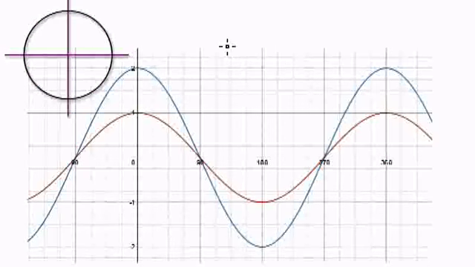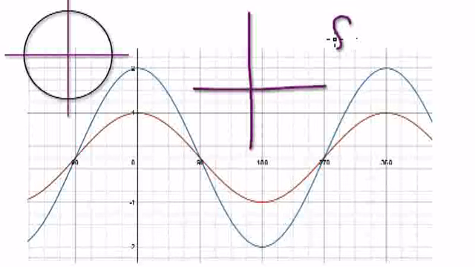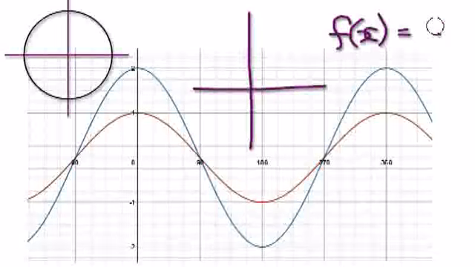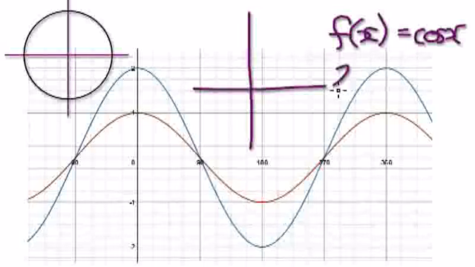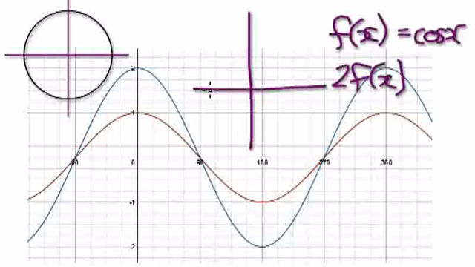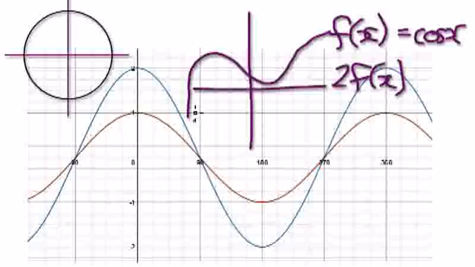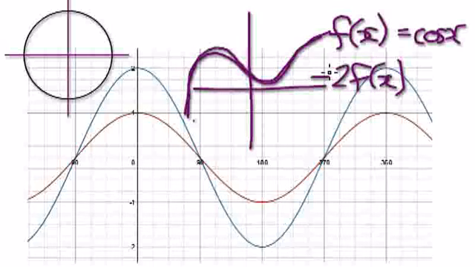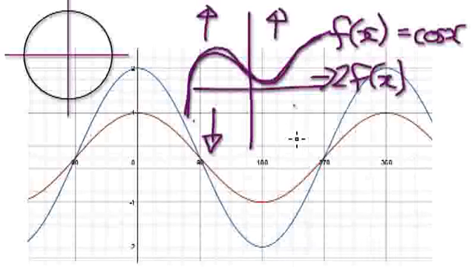Now, remember from our knowledge of transformation, if you have a function, let's say this function here is f of x, and you have 2 f of x, everything here will get stretched.